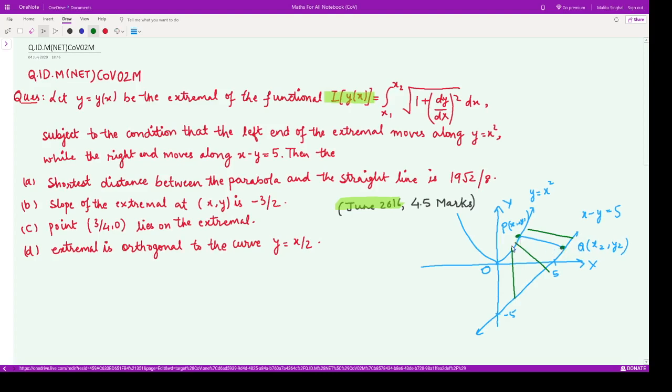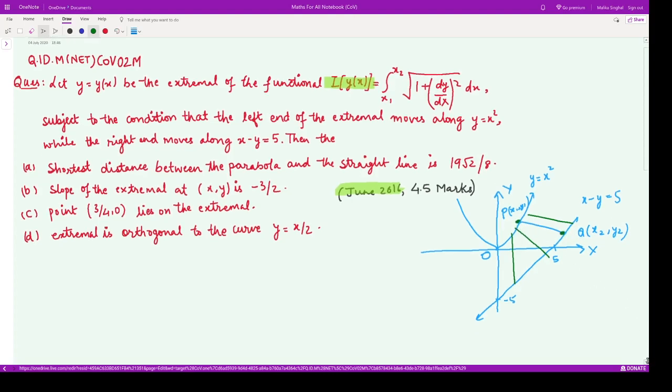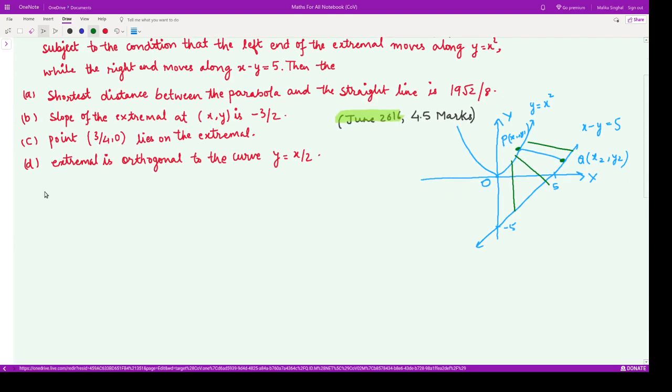So let us get started to solve such questions where we have free endpoints, or in this case we are having endpoints on certain given curves, right?